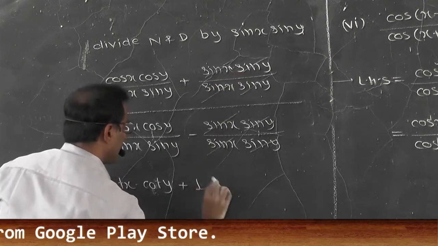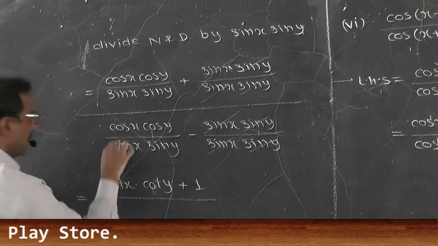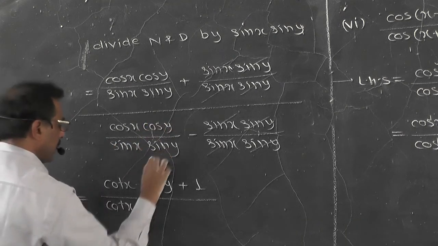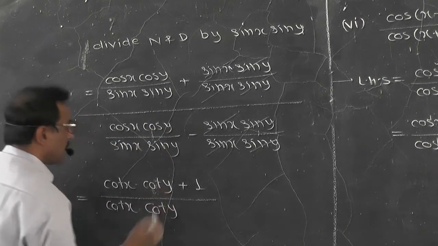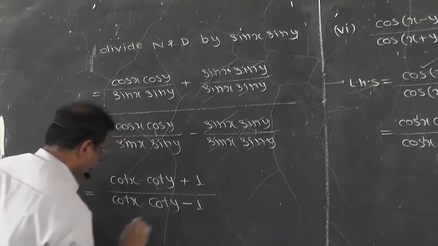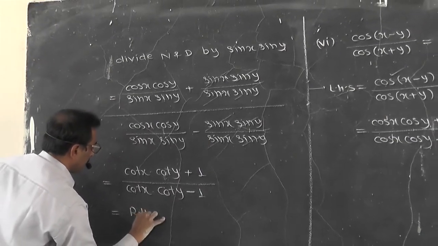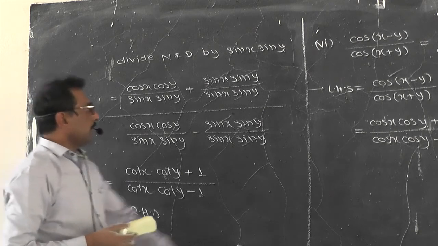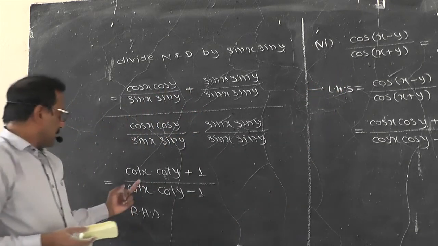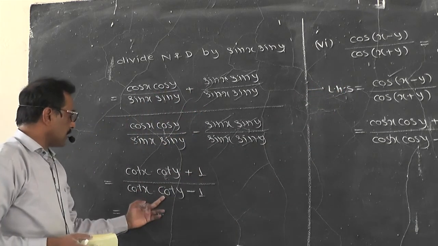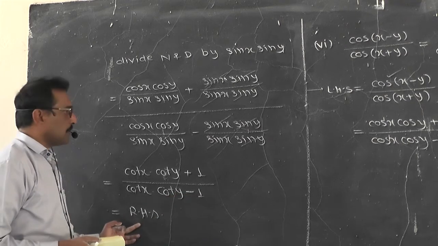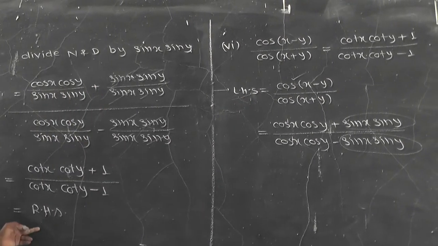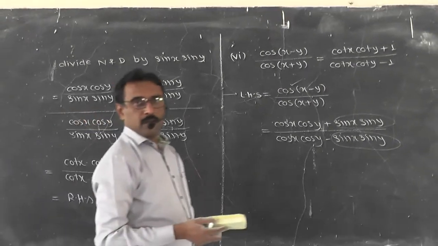After cancellation, we get plus 1 divided by cot x cot y, and here it is minus 1, and you are getting the result. I think this chapter is very straightforward and simple. We are getting the required result, that is cot x into cot y plus 1 upon cot x into cot y minus 1, and this is your required RHS. The procedure is: take LHS and get your RHS.